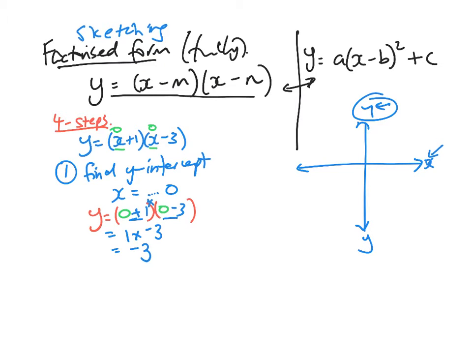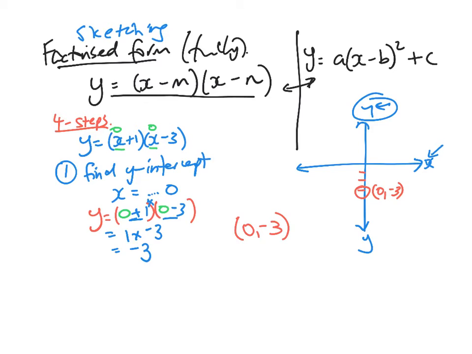So we have now found one point on this graph that we can plot, and that's x is 0, y is negative 3. Let's plot it on this graph, this point here. All right, so we've found the y-intercept of this graph.